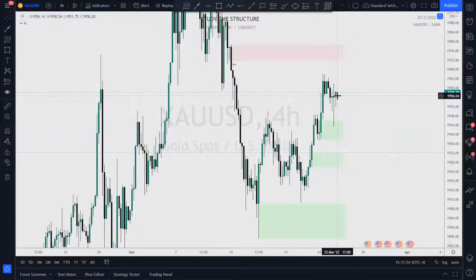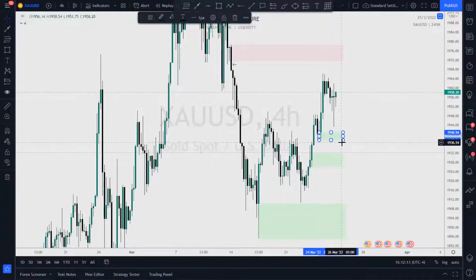If it comes down and wants to fill in this wick, because we already see that this zone here of demand has already been mitigated, then if it does come down, I believe it's going to reach that low. We're going to come down into the low portion, the unmitigated portion of this opposing demand.